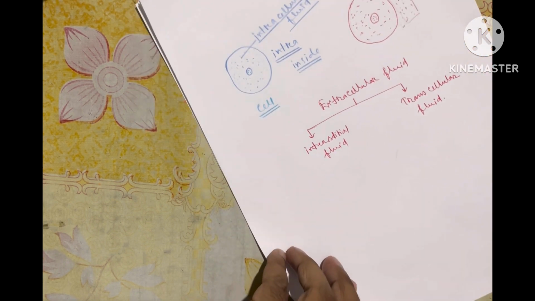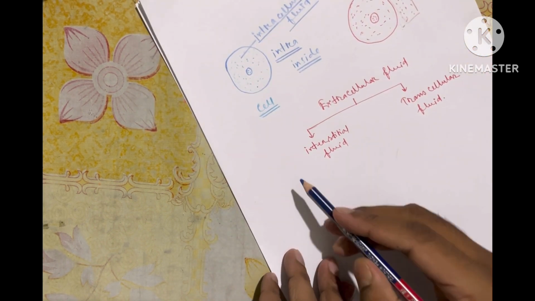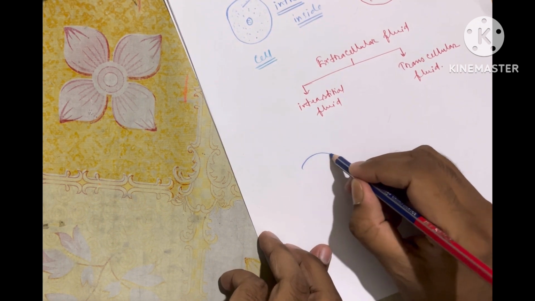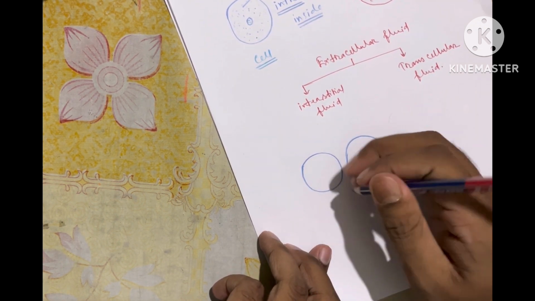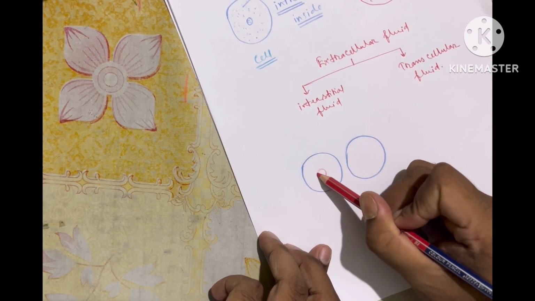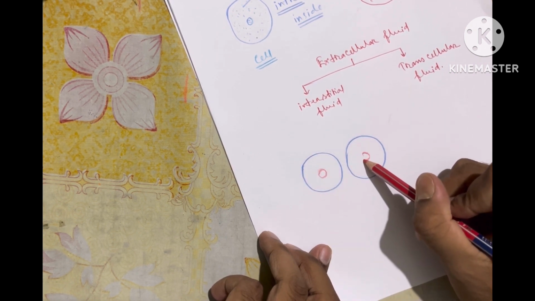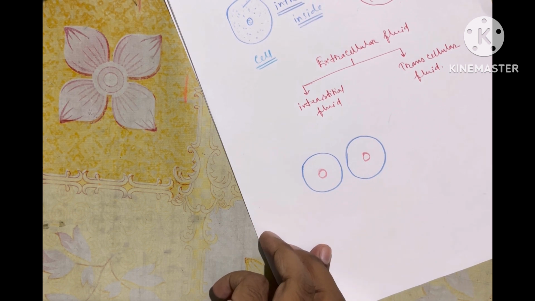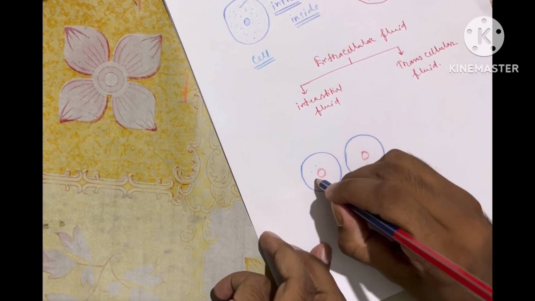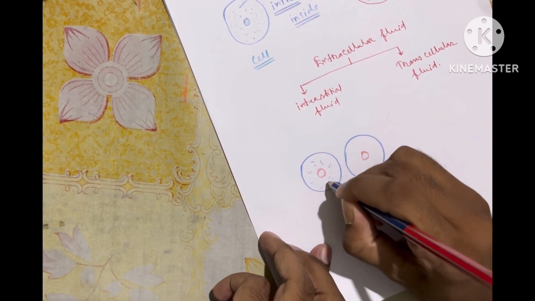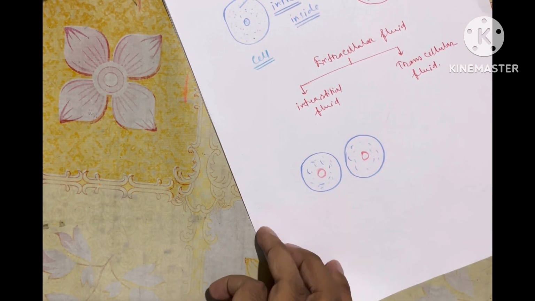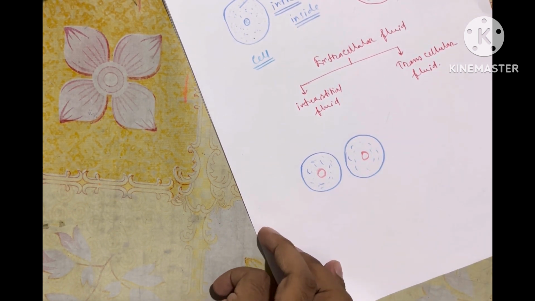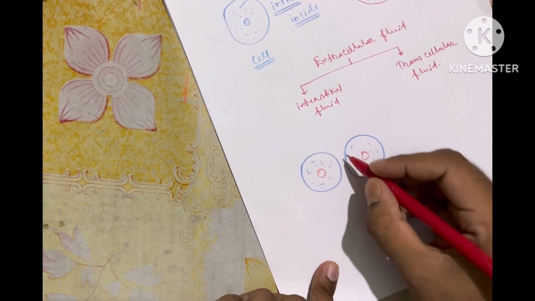So imagine this is a cell and this is another cell. This is the nucleus, here it is also a nucleus. So we know that fluid will definitely be present inside the cell, that is called intracellular fluid. But fluid is also present in between both the cells.